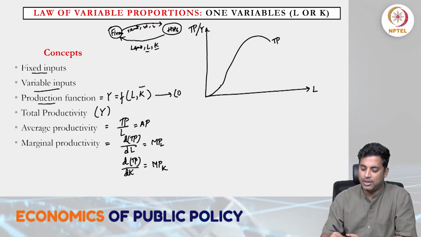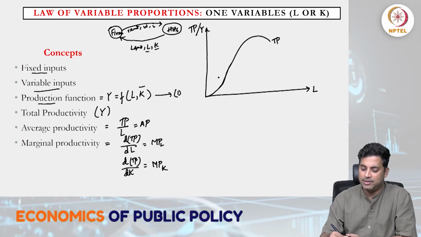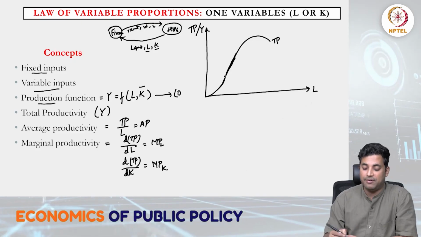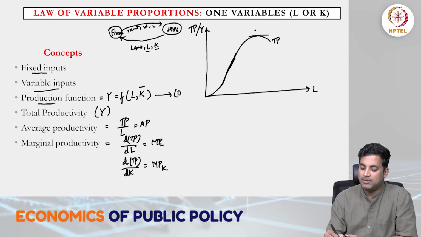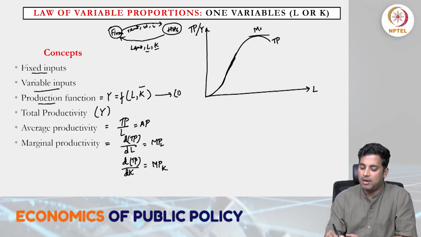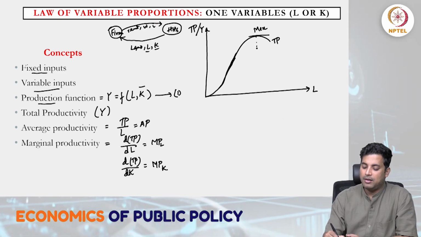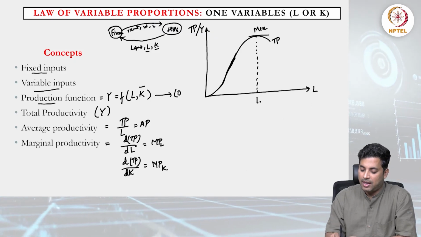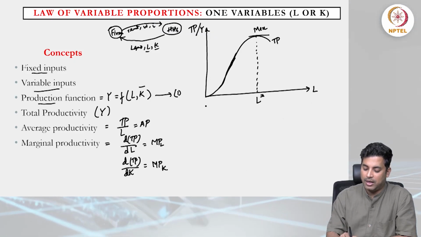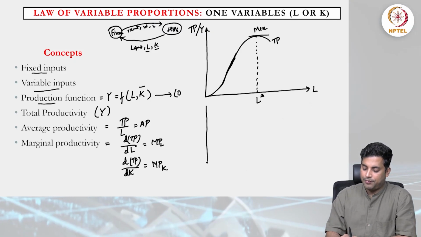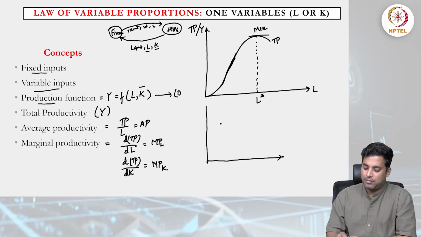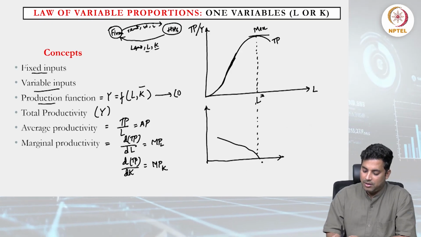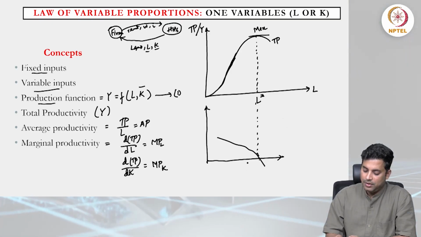As we know, total productivity will increase, and here you will see two points of inflection. Total productivity will reach its maximum at, say, L star amount of labor, where marginal productivity will be 0.